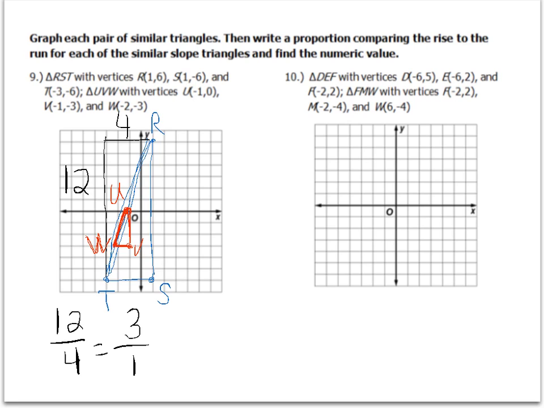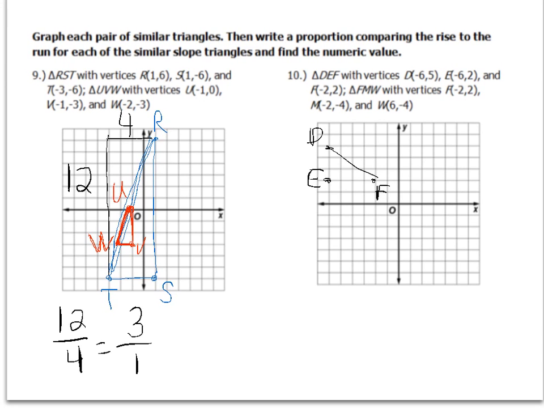For question number 10, we have triangle DEF with D at negative 6, positive 5. We have E at negative 6, positive 2. And we have F at negative 2 and positive 2. So our triangle looks like this.